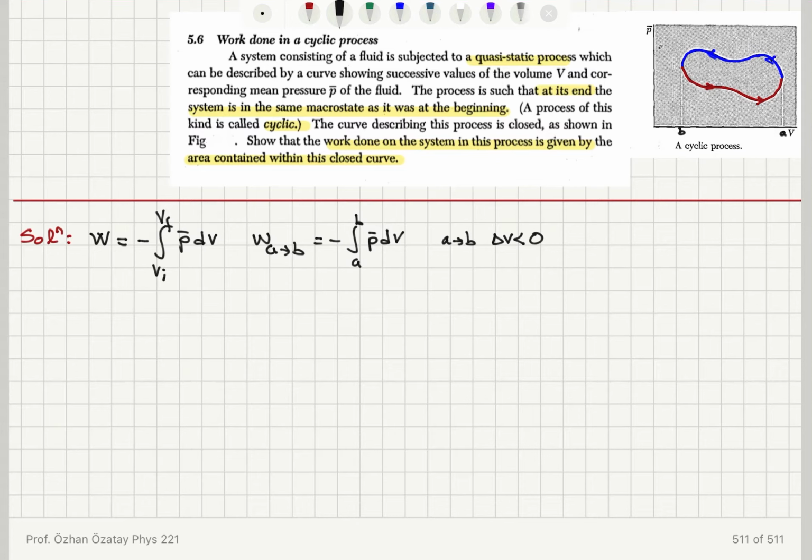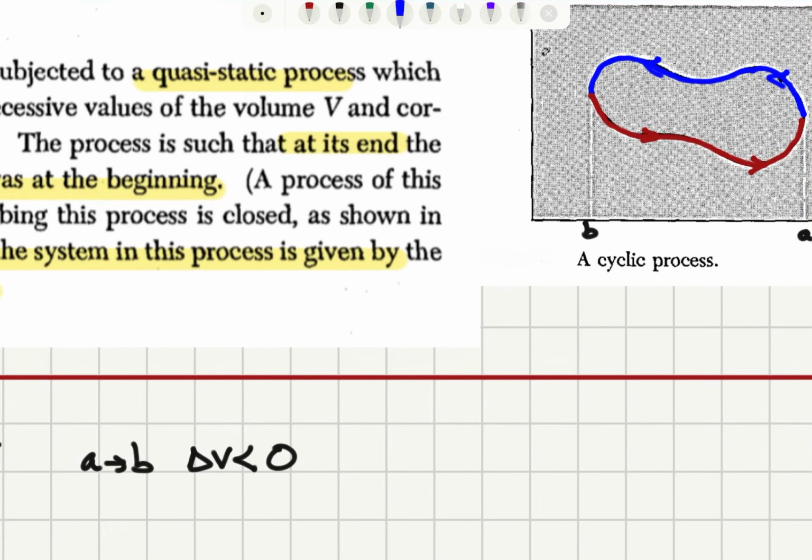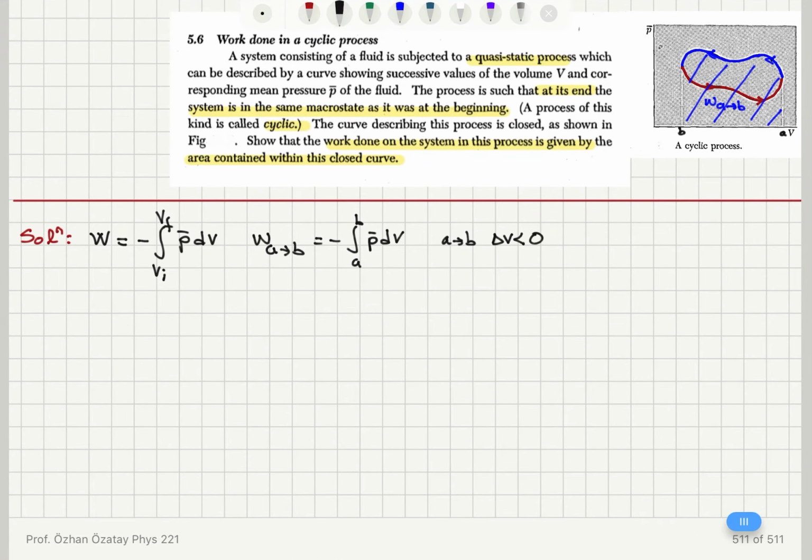So this is following the right hand rule. The area under this curve gives you the work done on the system from A to B. It is the area under this curve that basically gives us W A to B as an absolute value.